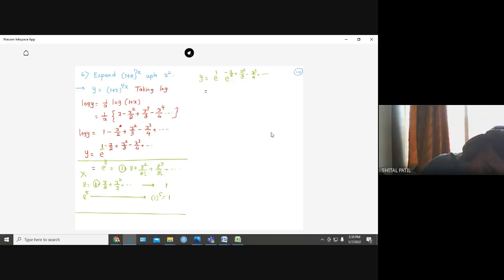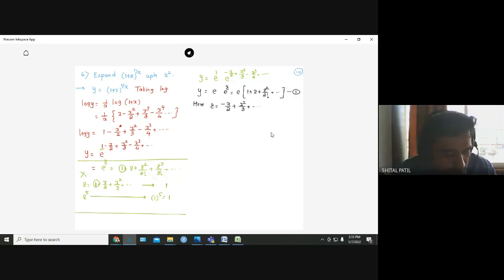Y equal to e and e raised to z, 1 plus z square divided by 2 factorial and so on, which is 1. Hope everyone is getting this. Here z equal to minus x by 2 plus x square by 3.